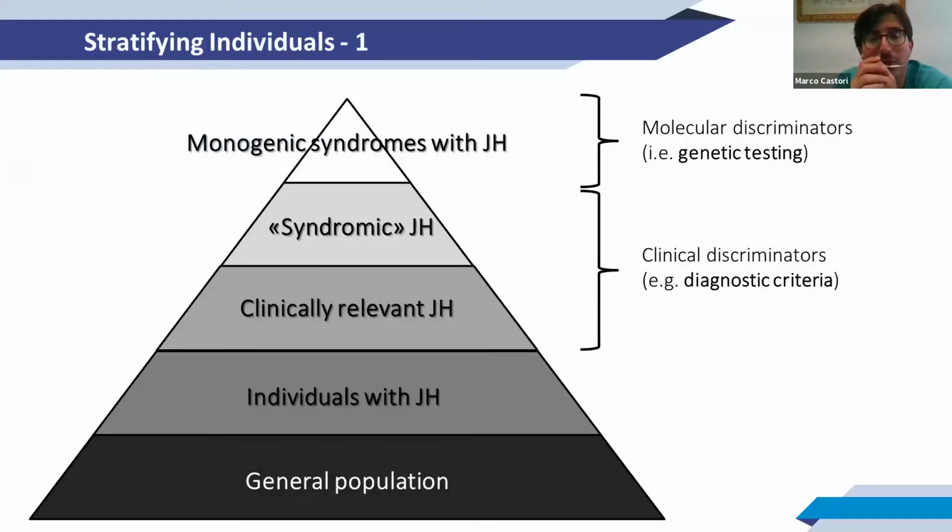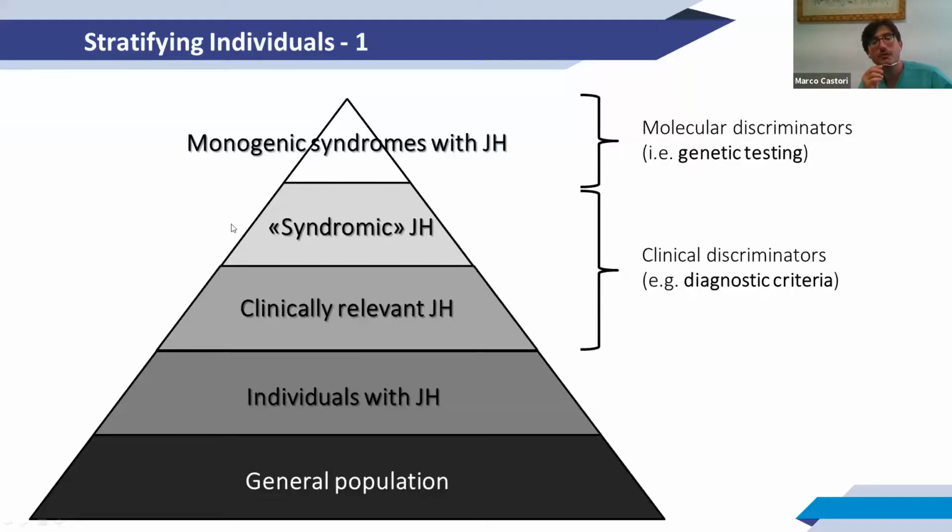When approaching people with joint hypermobility, thinking of this pyramid could help you in stratifying the approach. In this pyramid, you can find at the bottom the general population, because joint hypermobility is recognized as quite common in the general population. Among individuals with joint hypermobility, not all present clinically relevant joint hypermobility. But among individuals with clinically relevant joint hypermobility, there are those with syndromic joint hypermobility.